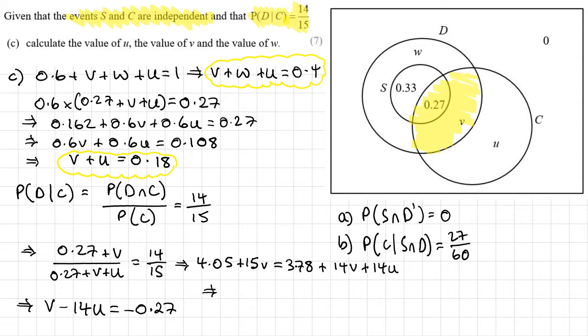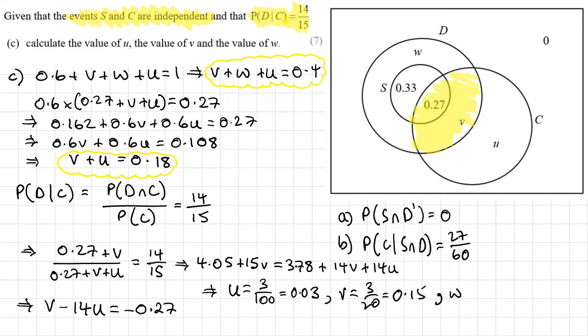It gives me U is equal to 3 over 100, which is 0.03. It gives me V equal to 3 over 20, which is 0.15.